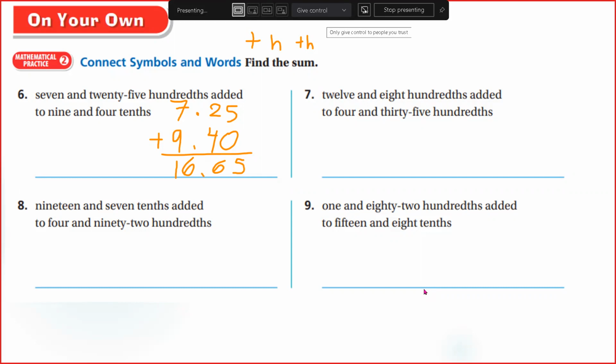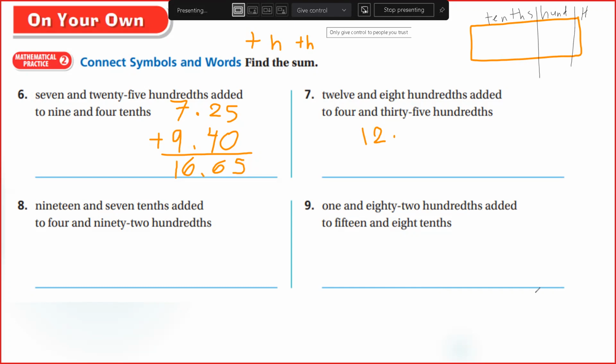Now, Jumana. Yes, Jumana. 12 and 8 hundredths. Here you have the tenths. Here you have the hundredths.